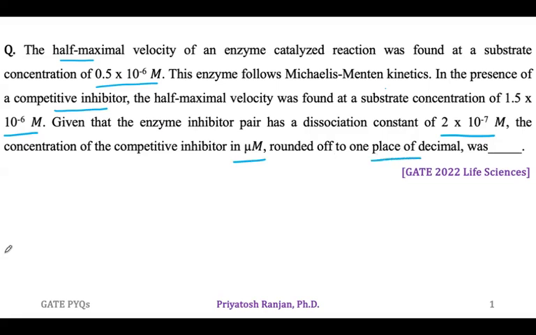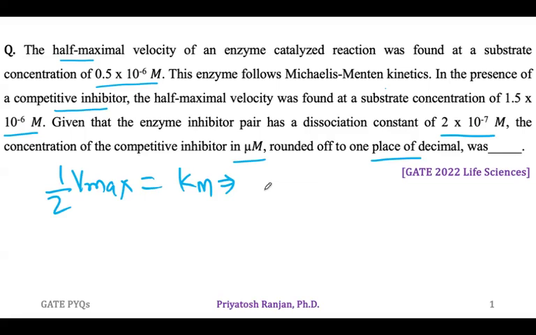Let's try to decode this question. What all is given in this question? This question discusses the competitive inhibitor, and the values are given both in the absence as well as in the presence of competitive inhibitor. The half Vmax value is given, and we all know what half Vmax means. Half Vmax is also defined as the Km. So Km is the substrate concentration at which the rate of the reaction is half of its maximal velocity.